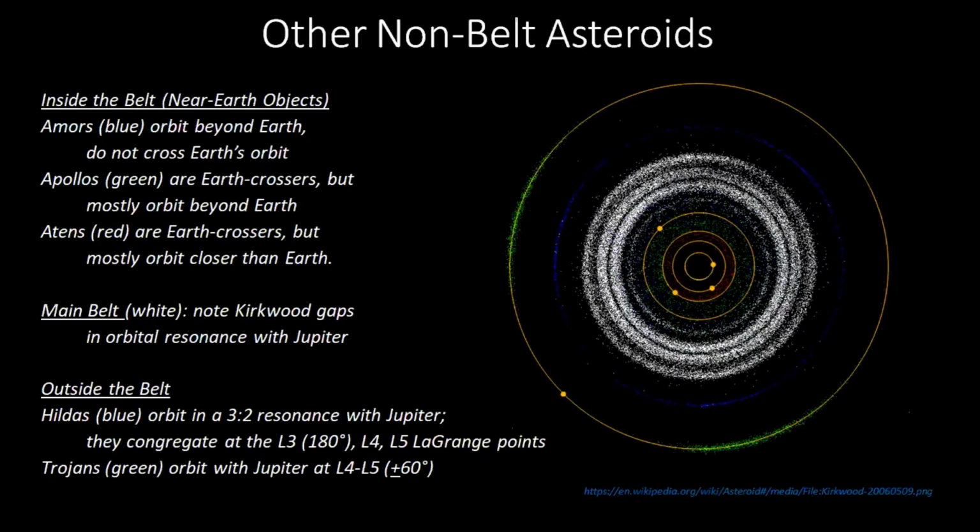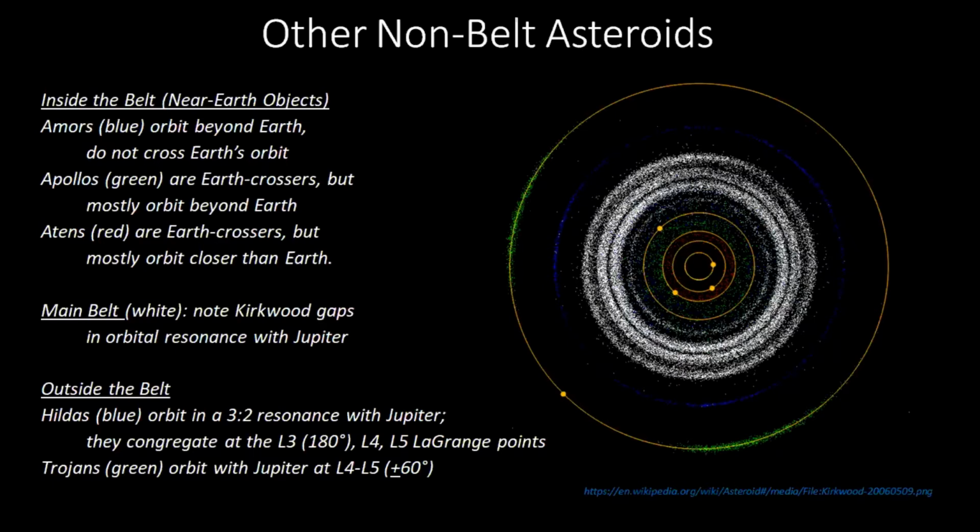And those, again, are areas that are in orbital resonance with Jupiter, except in this instance, while the orbital resonance with respect to the Hildas is keeping the Hildas in that space, in the case of the Kirkwood gaps, they're points at which Jupiter's gravity is forcing things to pretty much stay away, which is why we have those nice, fairly well-defined dark rings within the white belt of the asteroid belt.